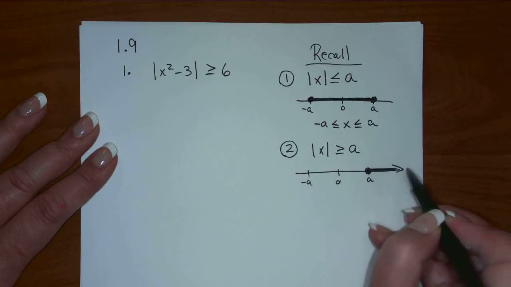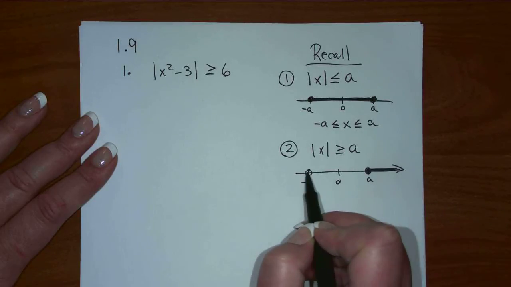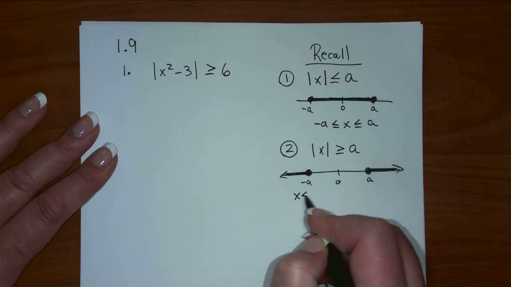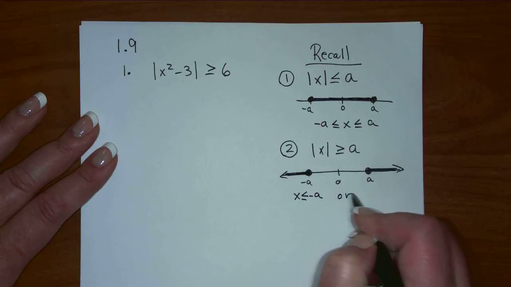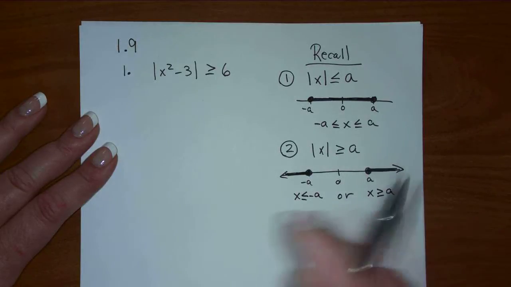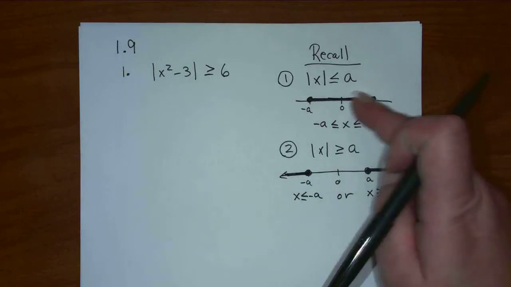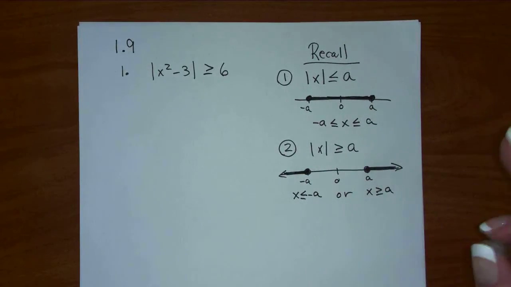So greater than means farther away than A. So it would be x is less than negative A, or x is greater than A, or because they don't overlap. Oh, and is when you overlap, this is and, or is when they go in different directions.